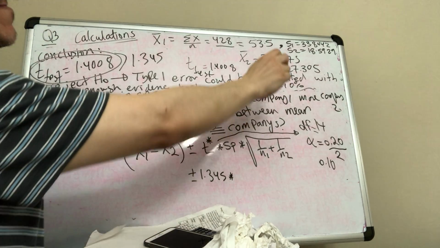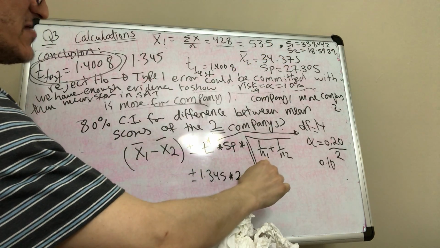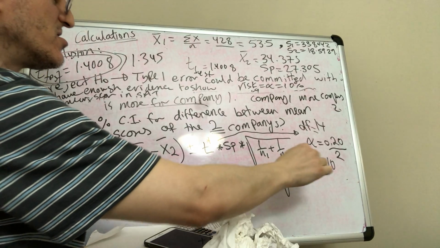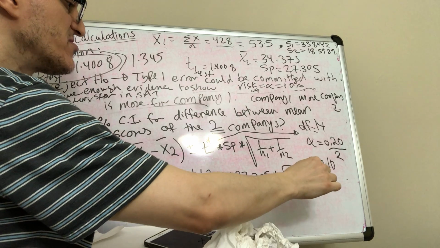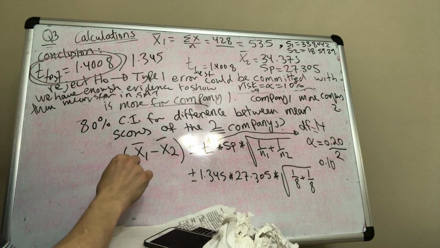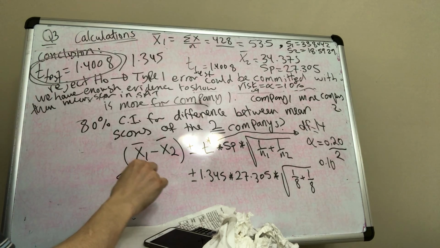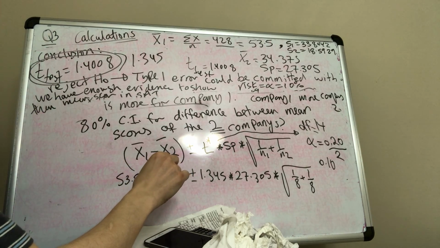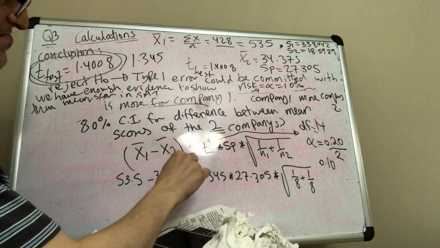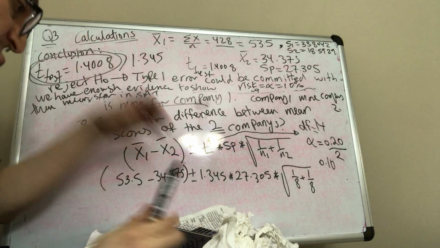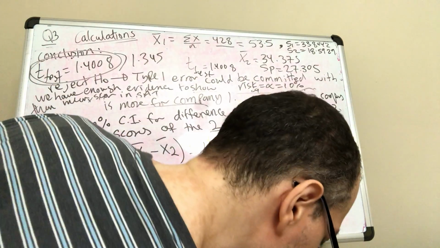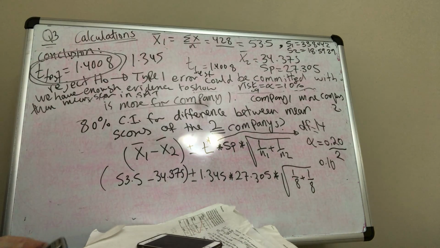Your Sp is 27.305, 1 over first sample, 1 over second sample. And the average of the first one is 35.5. The average of the second company is 34.375. So we do the point estimate, the difference between the two groups.